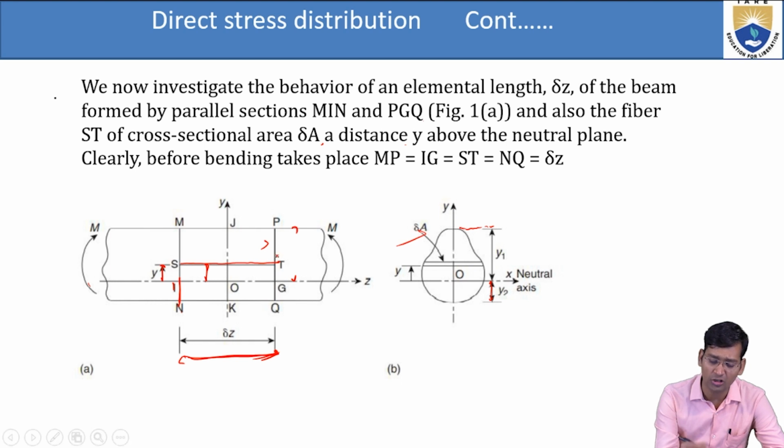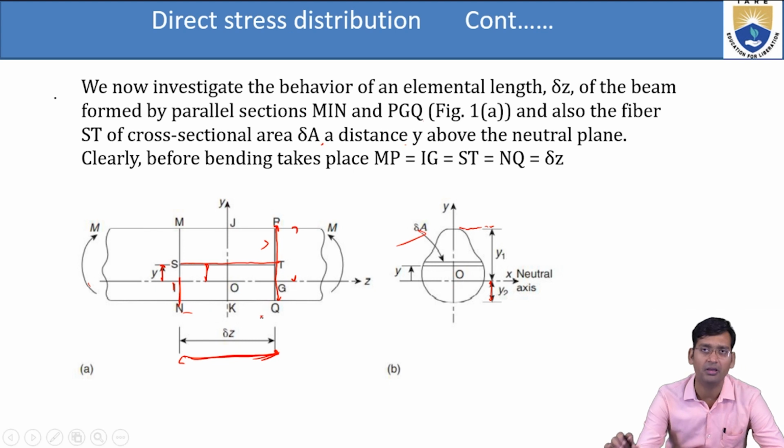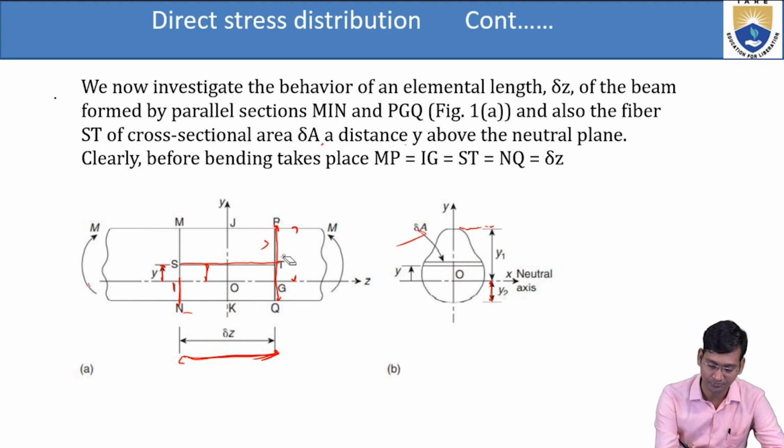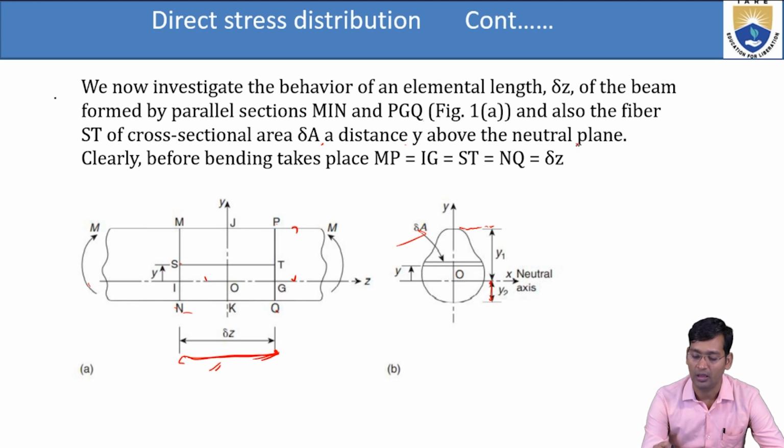Right. Based on this we will now consider this ST. If it goes from 0 to Y1, that becomes MP. If it goes from 0 to Y2, then it becomes NQ. So by the figure you can say MP will be equal to ST, which equals IG, which is also equal to NQ, and that is equal to delta Z. So just here, ST crosses the neutral plane.